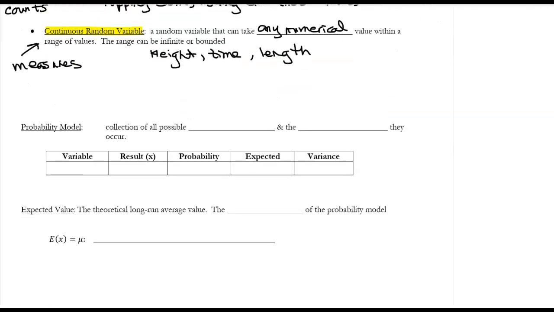The big part that we're going to spend most of our chapter on is creating something called a probability model. A probability model is a collection of all possible outcomes and the probability that they occur. The variable is where you list the different options in words.